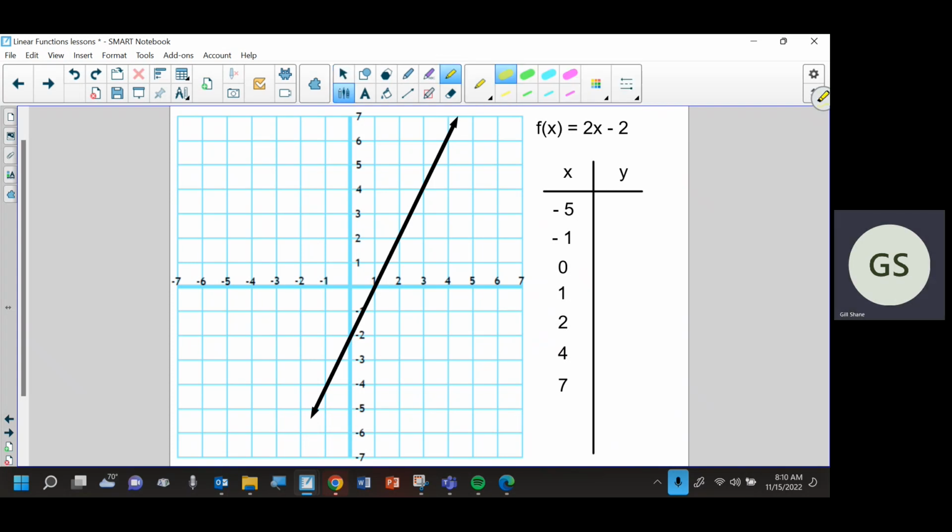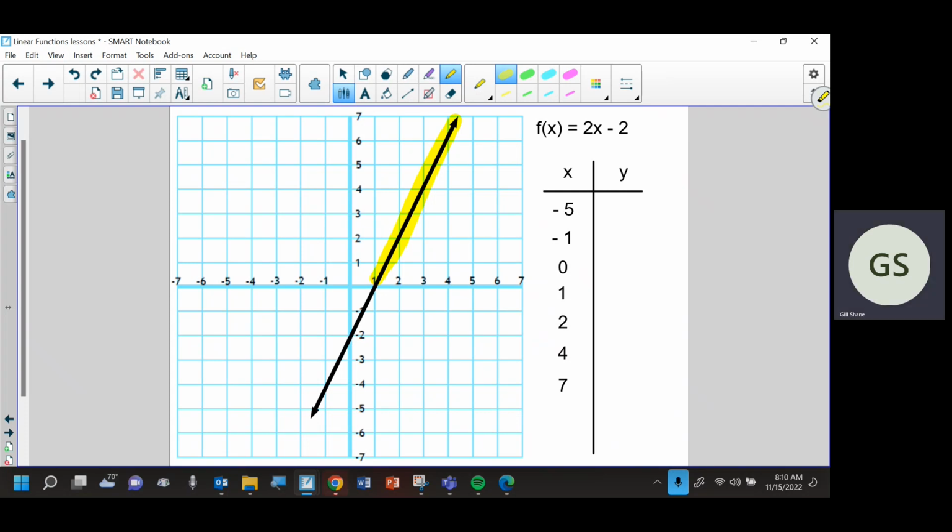If the line, because remember, the line is the data. That black line is the line of data. All the grid lines mean nothing. If the line itself is above the x-axis, that's where it's positive.